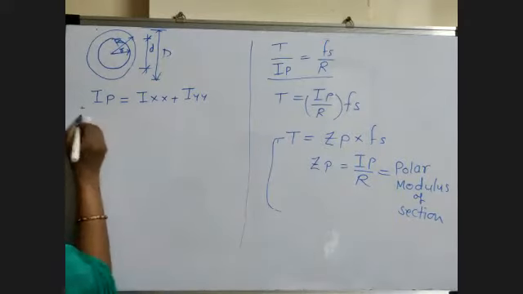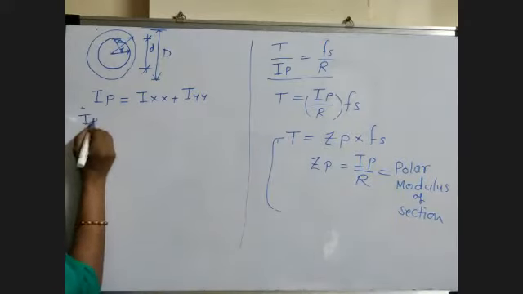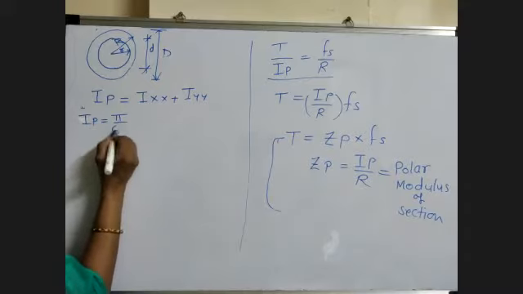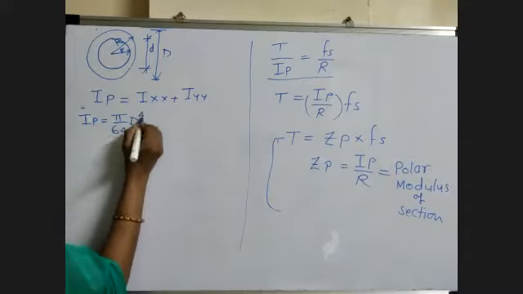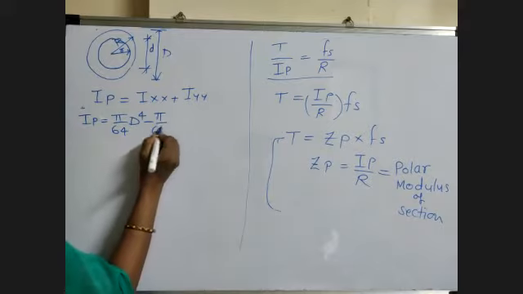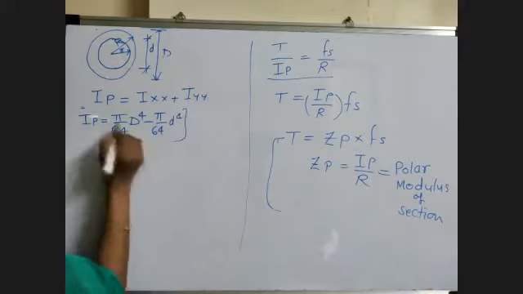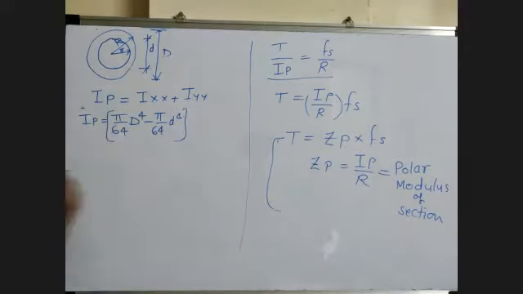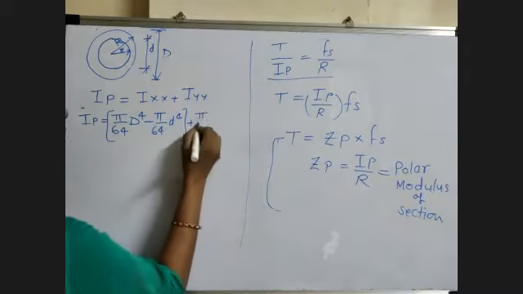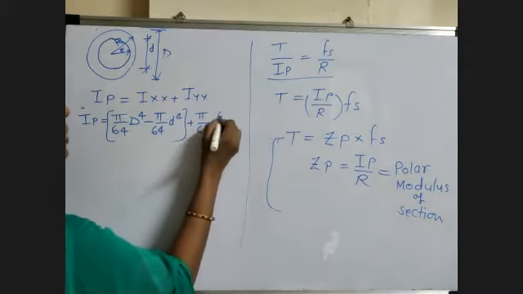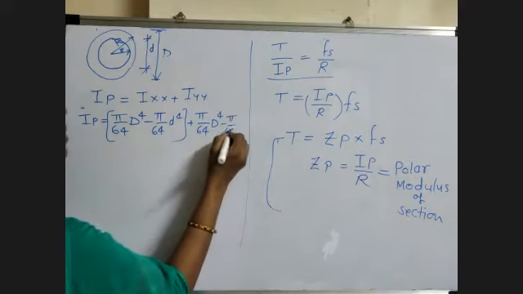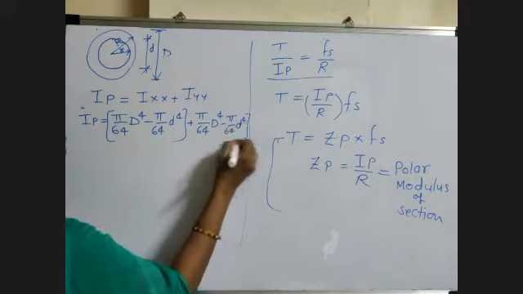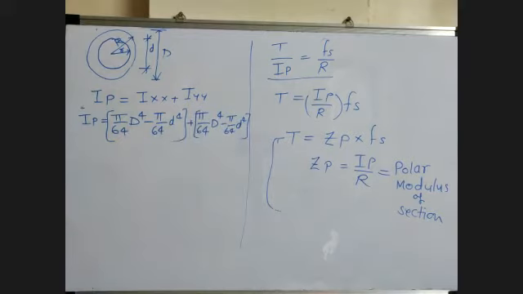Now what is the formula? Pi by 64 into capital D raised to 4 minus small d raised to 4. This is your Ixx. Similarly, Iyy also remains the same, that is pi by 64 capital D raised to 4 minus pi by 64 small d raised to 4. Now we again add these two.